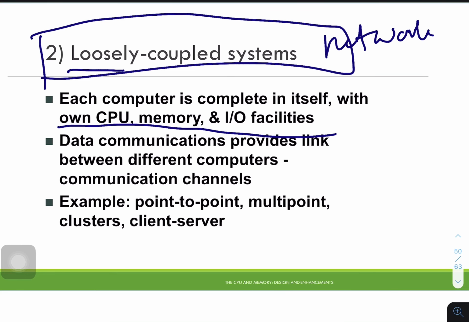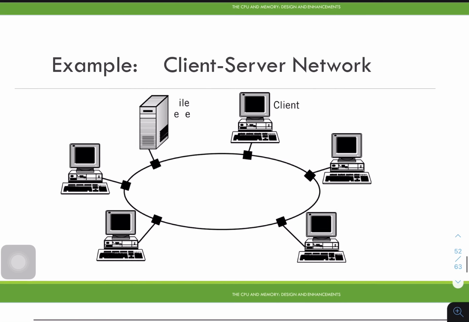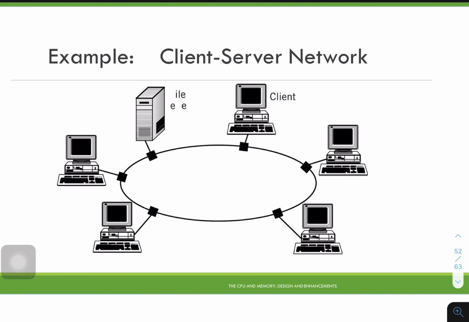Okay, and the data communication provide link between different computers. And then example of loosely coupled is point-to-point, multi-point, clusters, client servers. So ini adalah semuanya istilah di dalam network. Jadi network is the best example of loosely coupled system lah. Okay, so ini example of the loosely coupled iaitu dengan menggunakan client server network. So contohnya macam kita sedang menggunakan sistem-sistem yang ada sekarang ni lah.